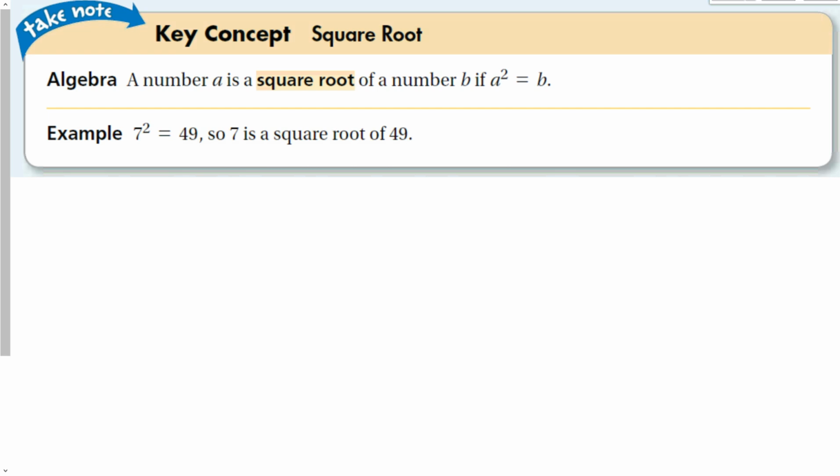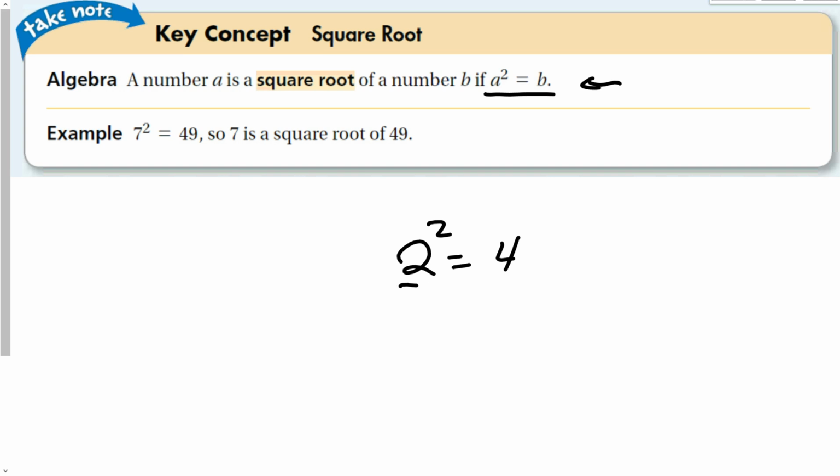If we look at the algebraic example, we can see that a number a is a square root of a number b if a squared is equal to b. So if we do something like 2 squared, that's 2 times 2, which is 4.